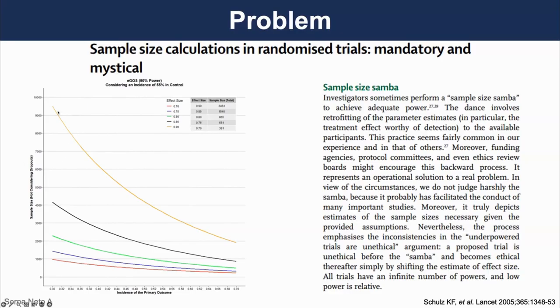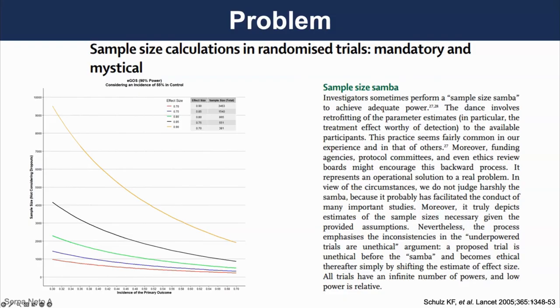So to show a modest effect estimate, when you have a lower incidence in the control arm, you need many more patients. So what we end up doing, and this is not only because I'm a trialist and intensivist who works with statistics, but if you discuss with statisticians around the world, very often, and not only in ICU, what we end up doing is something called sample size samba.